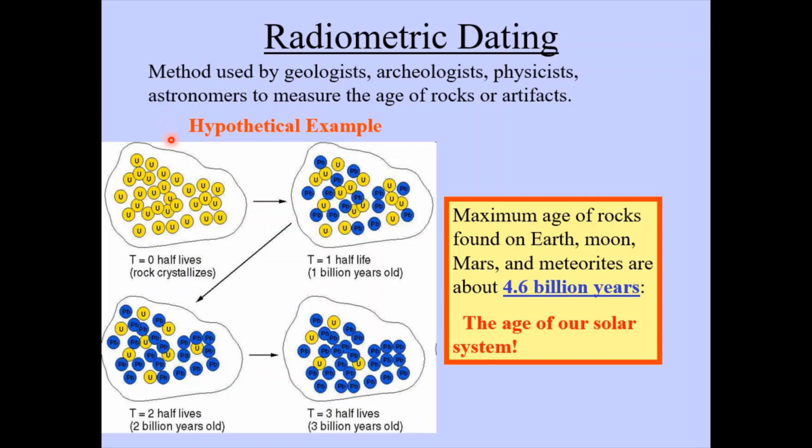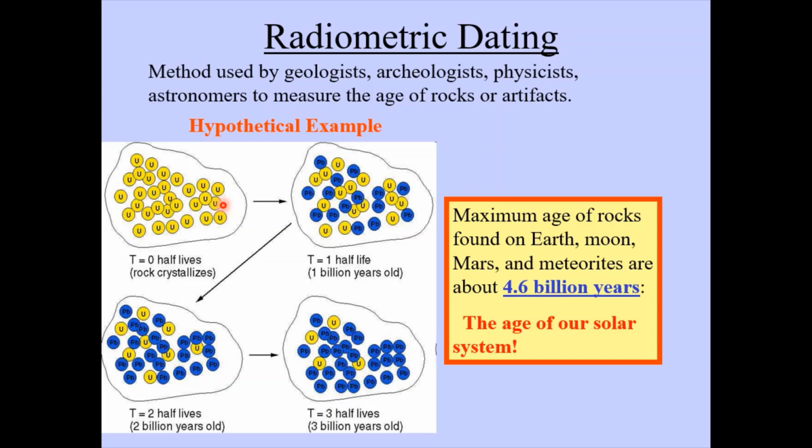Let's suppose that we have a rock, and when it forms in the earth, it has some collection here of radioactive uranium isotopes. And let's just suppose, to make the math easy, that this particular isotope of uranium has a half-life of 1 billion years.